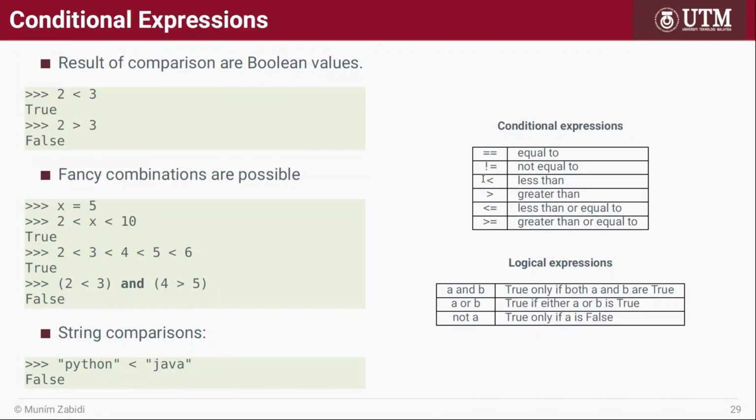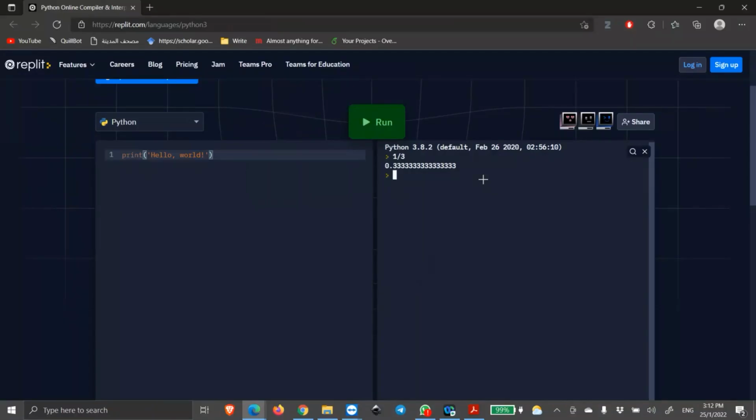And also the comparisons can be stored in a variable. For example, let's say a equal to 2 less than 3. Now a will have value true, and we can print that out.